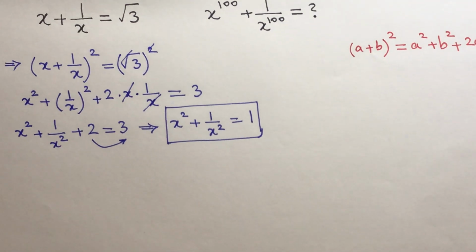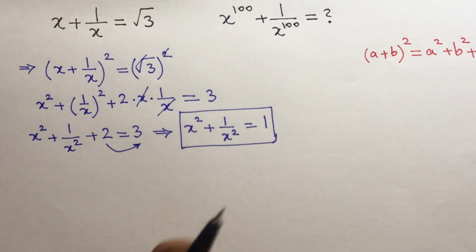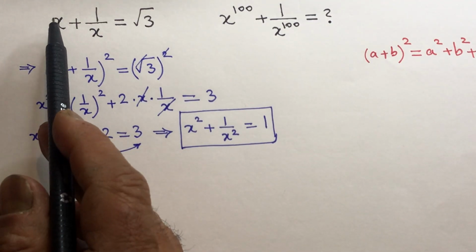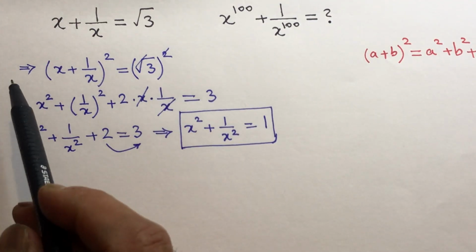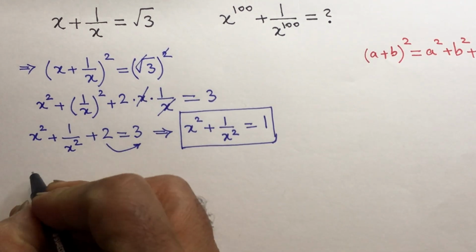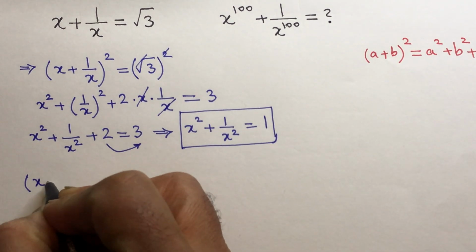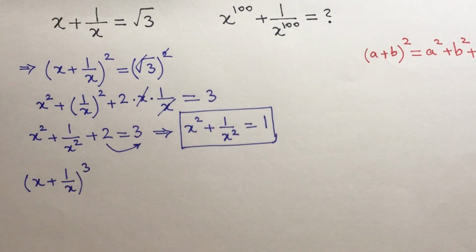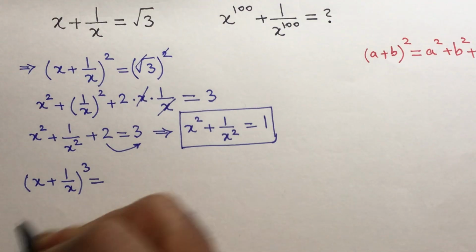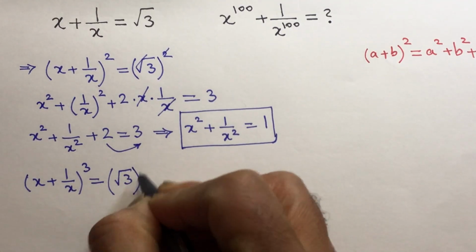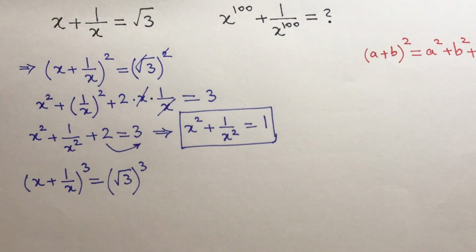As the next step, I just drop it here, and again I can come back to the main expression, but for now I can raise it to 3: (x plus 1 over x) cubed equals the square root of 3 to the power of 3.